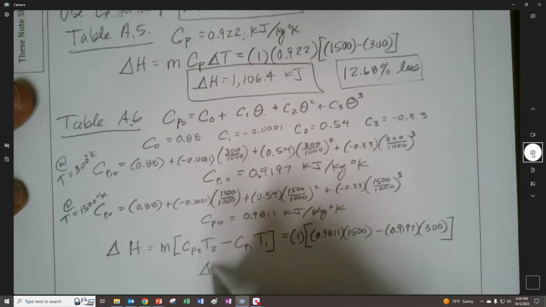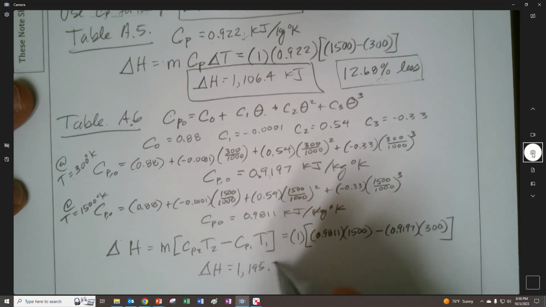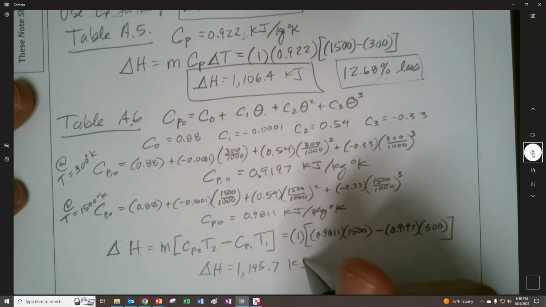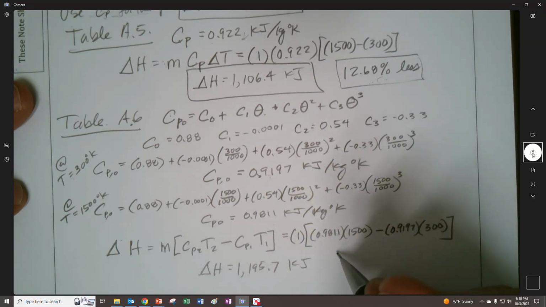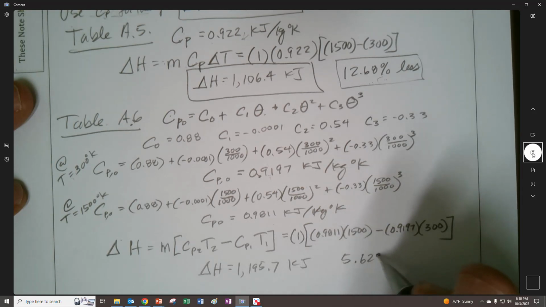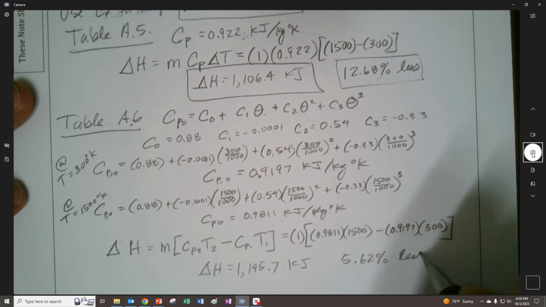And what do we get for delta H? We get 1195.7 kilojoules, which is 5.62% less. Huh. Interesting.